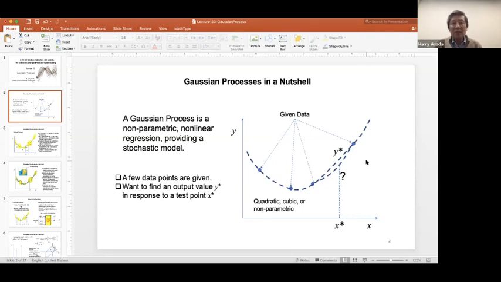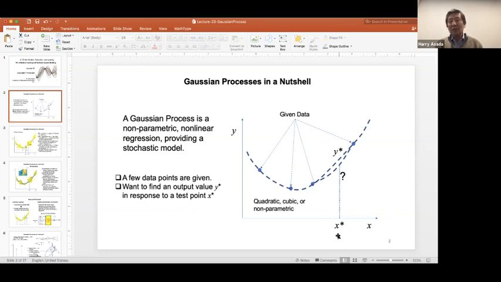A Gaussian process is a non-parametric nonlinear regression, providing a stochastic model. We have some training data, and we train the Gaussian process to fit those training data points. Then we ask ourselves, what if I get a new point here, X star, which we call a test point.